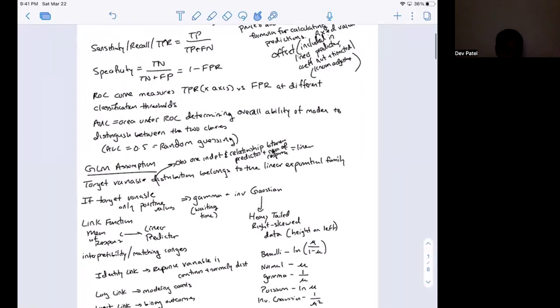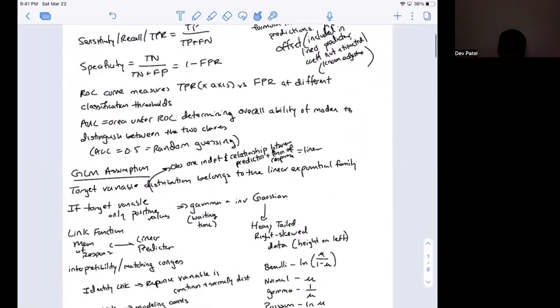There was also a question about this on October exam PA on what's the difference between ROC and AUC. And again, the model answer is that ROC is a graphical representation of the performance of the model by measuring the TPR versus the FPR at different classification thresholds.